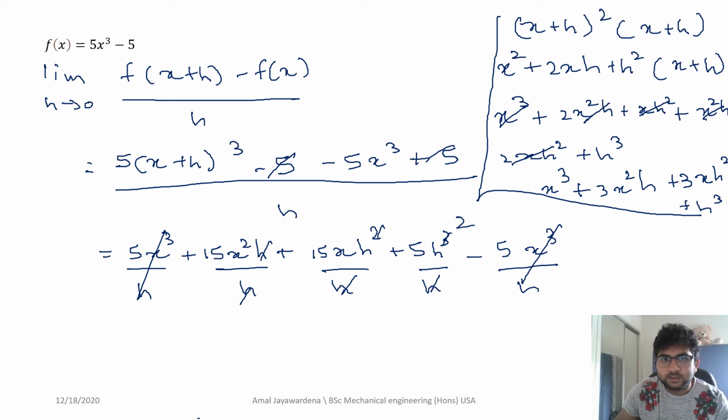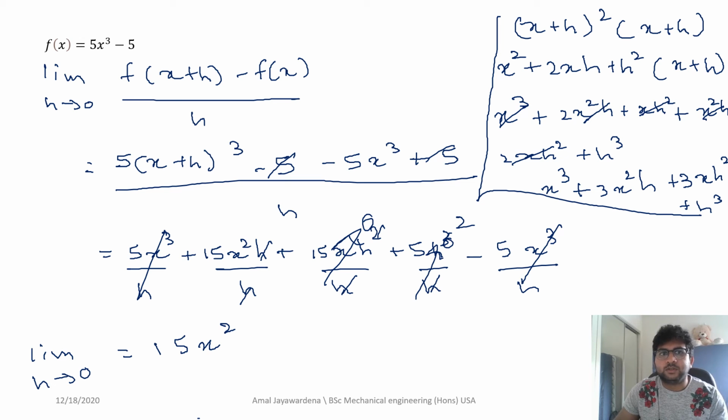Alright, so now this h is going to cancel out here. It's going to be h squared. So we're going to end up having the limit as h goes to 0, no x here, so it's going to be 15x squared. There is an h, so 15x times 0 is going to be 0. And 15 times 0 squared is going to be 0.